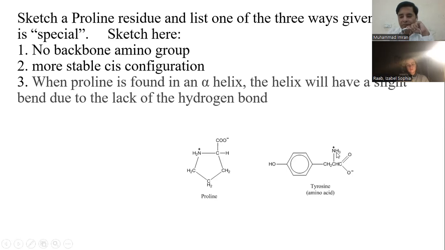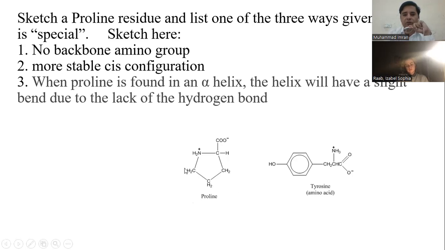Why? The amino group attaches with the methyl group of proline, so this amino group is converted into an imino group. That's why you can say there is no backbone amino group in proline.